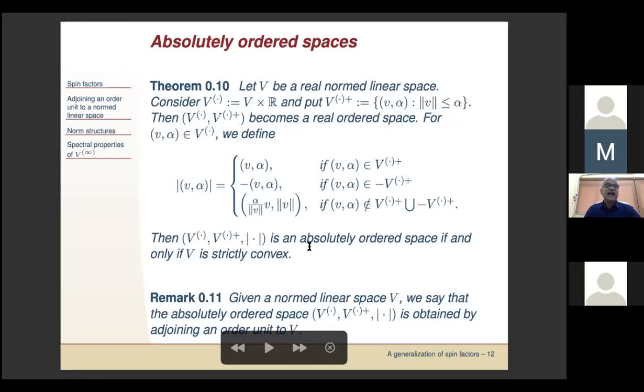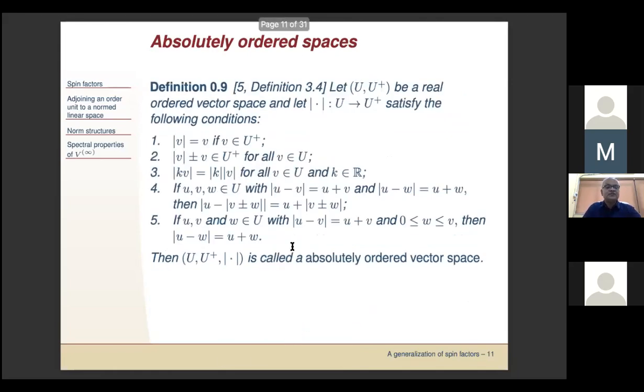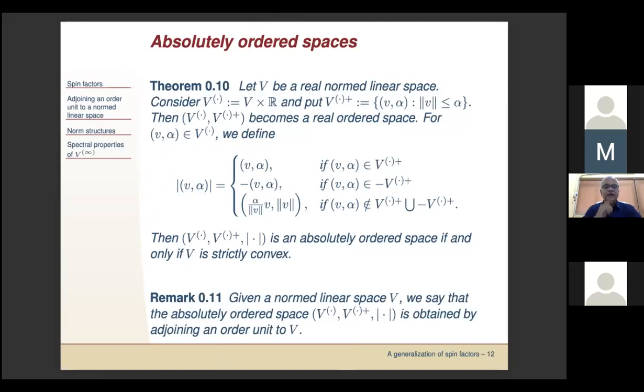So we can see that except for the last condition, conditions 1 to 4 hold for any normed space, but for the fifth we need strict convexity. That is needed if you want to mimic C-star algebras or if you want to include C-star algebras in the setup.